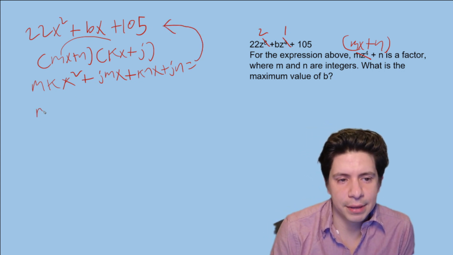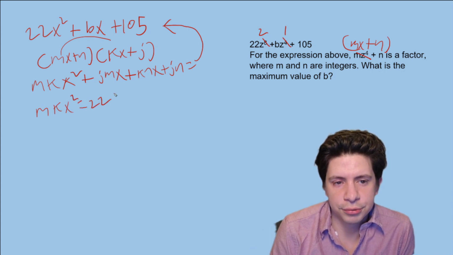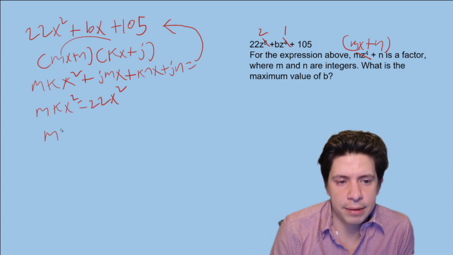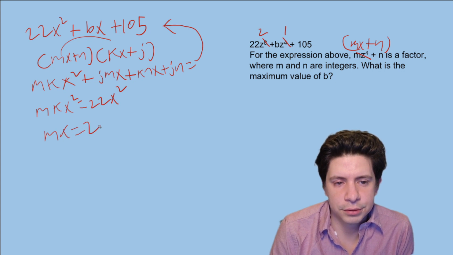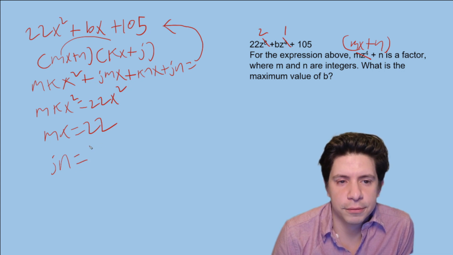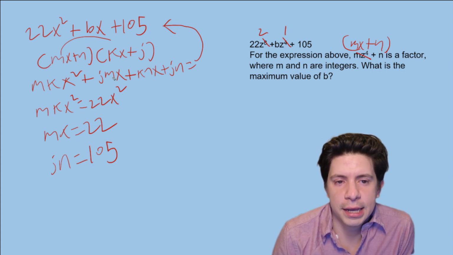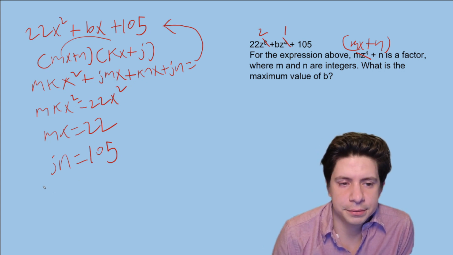So then we can say mkx squared equals 22x squared. So mk equals 22. jn equals 105. And then jm plus kn equals b.